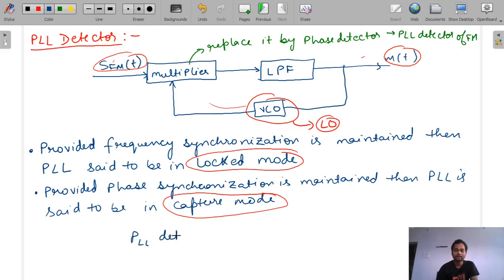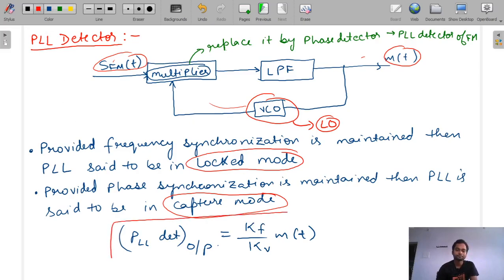PLL detector output. See, this multiplier is only the PLL detector. So at this place, output is equal to Kf by Kv into Mt. Okay. And what is Kv?